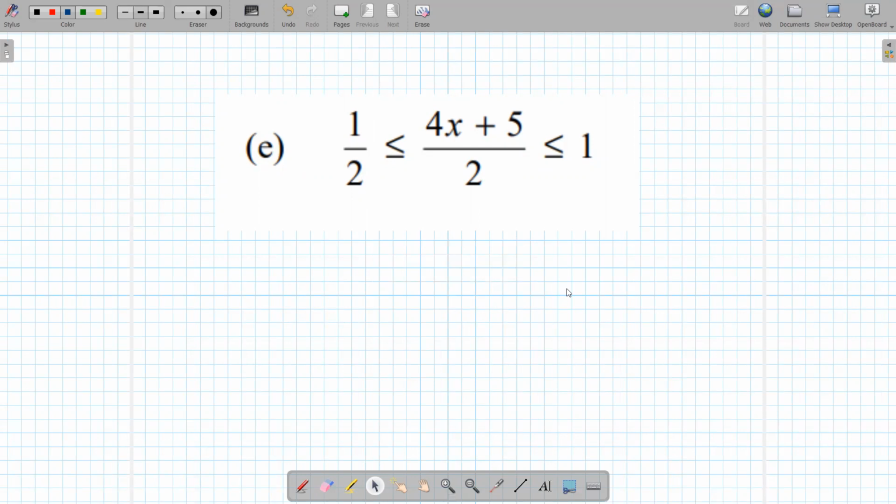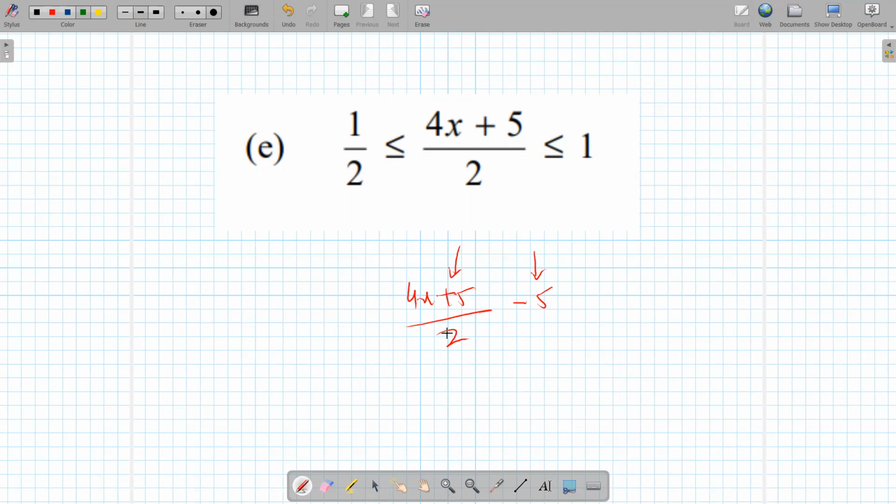Is that right? That's your final answer? No, you can't. I'll show you why you can't subtract 5. You can do whatever you want, but by subtracting 5, can you kill this 5 with this minus 5? Do they cancel out?